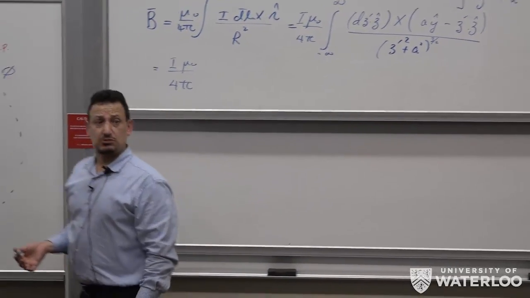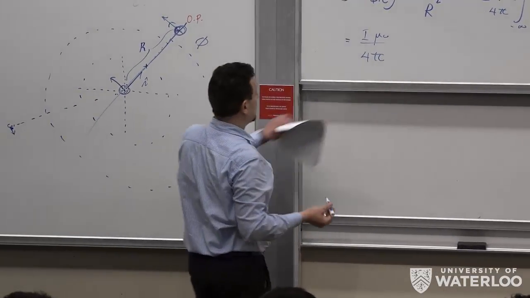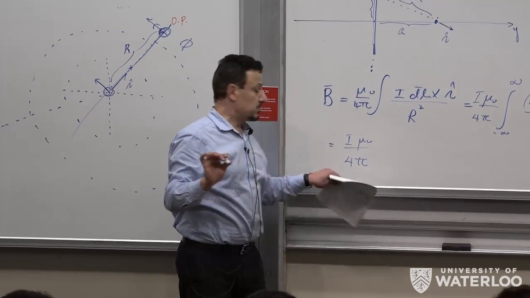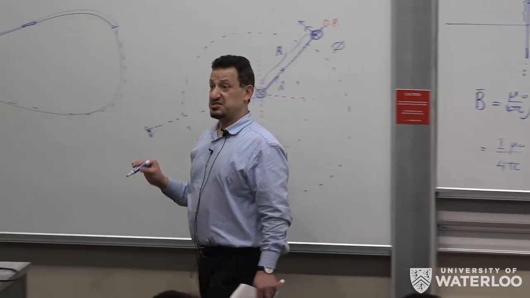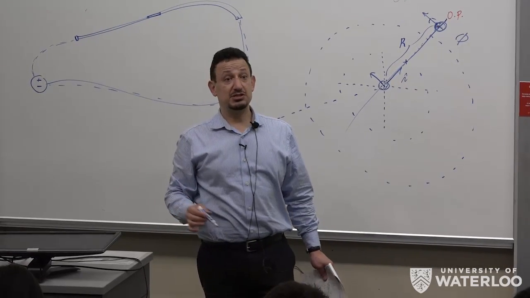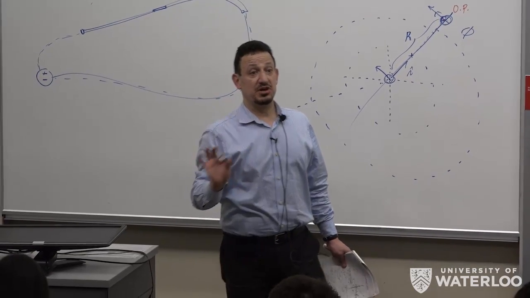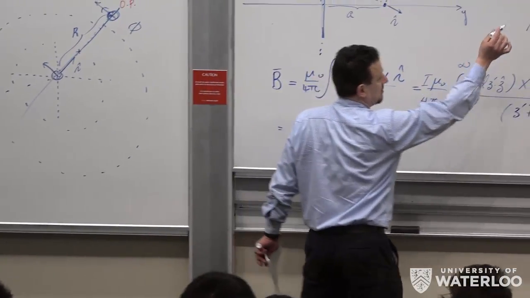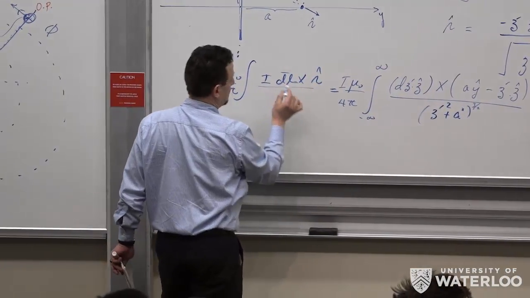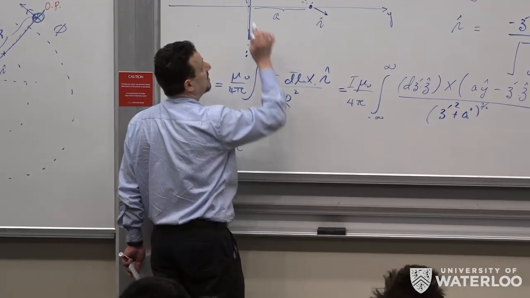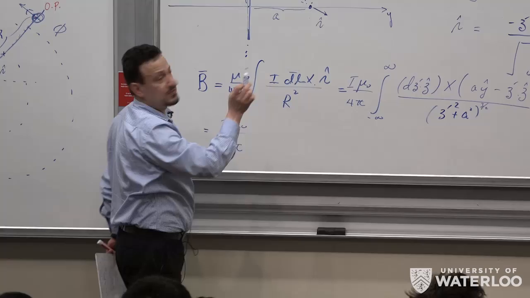Some people don't like to solve this problem this way. Okay? That's why I'll just let you know, be comfortable that the problems that we're going to cover in this course are symmetric. Okay? If the problem is not symmetric, I'm going to ask you to write the expression and stop there. All right? If I were to look at this right here, if I were to take Idl cross with r, where's Idl?